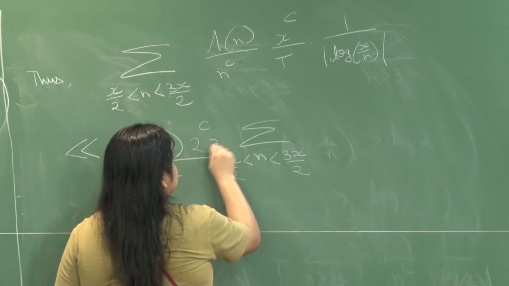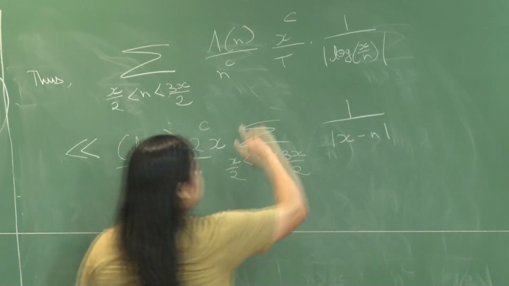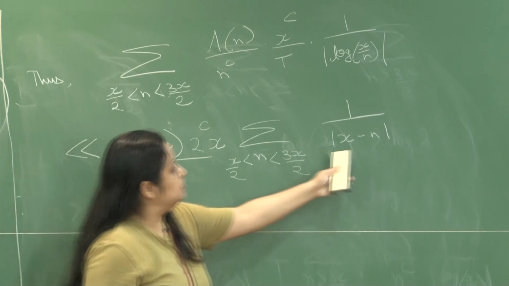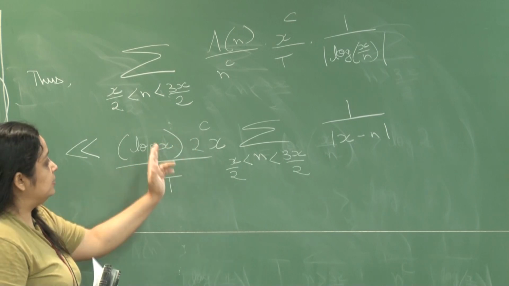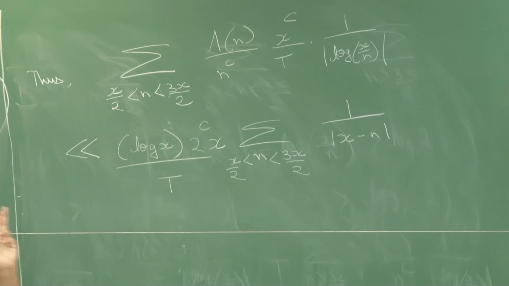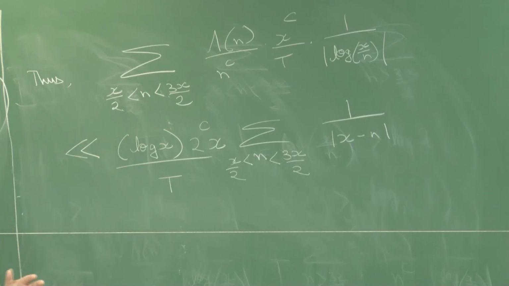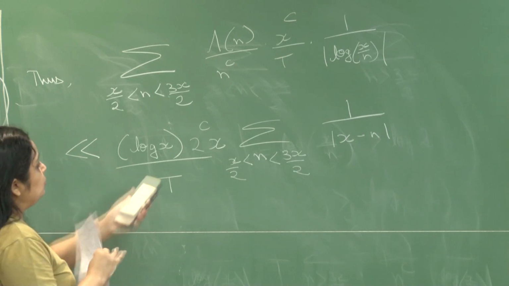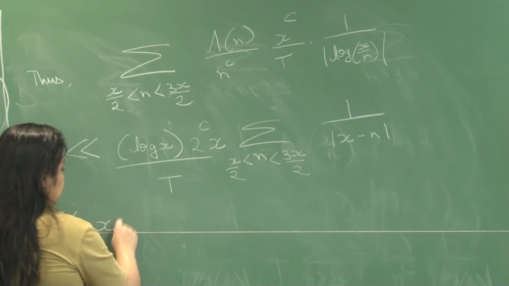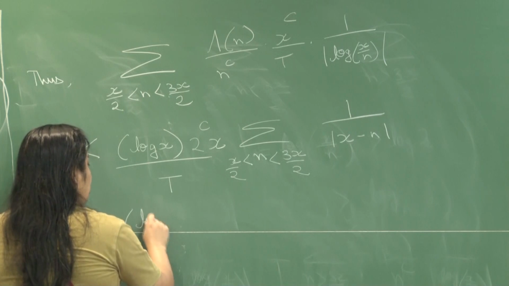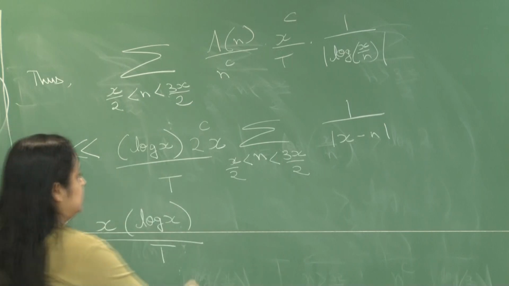So, you can again take x out, and you have reduced this whole sum to essentially calculating this part, which does not look too hard. Now, notice one thing: c is greater than 1, but very, very close to 1. So, it is obviously less than 2. 2 raised to the c therefore has to be strictly less than 4, which is an absolute constant. So, you can actually just absorb this in the less than term. So, x times log x over capital T times the sum above.